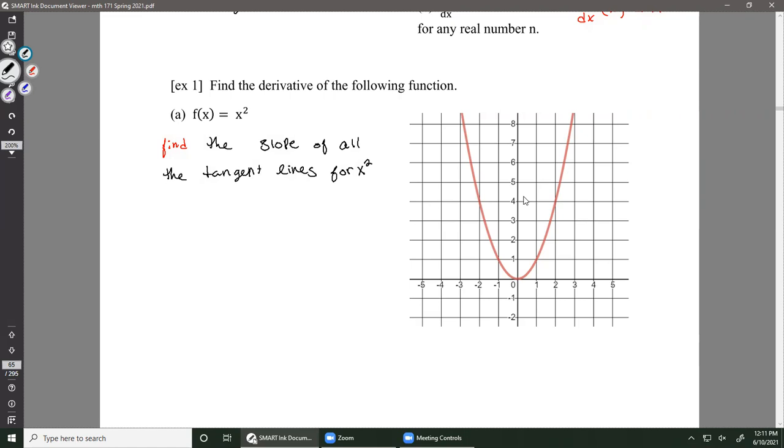Okay, so if I was to write this out using notation, we'd have f prime of x is equal to the derivative of x squared with respect to x.